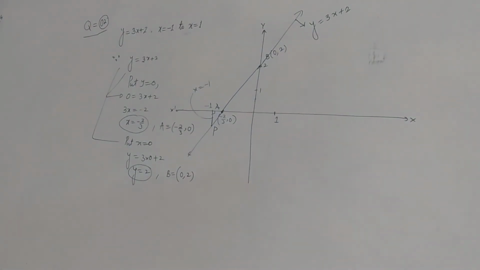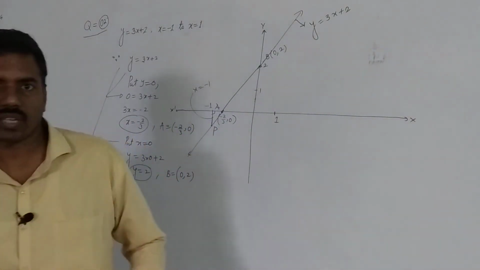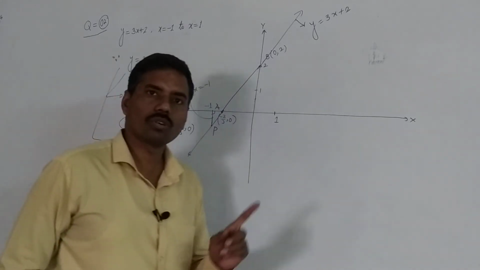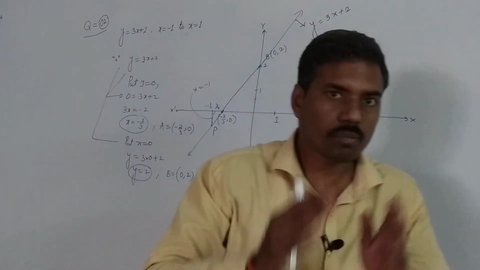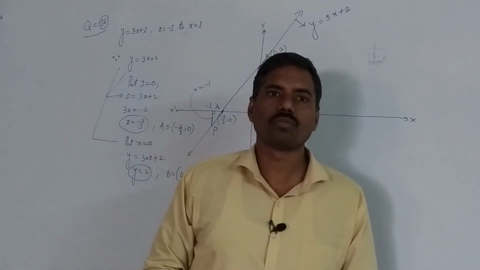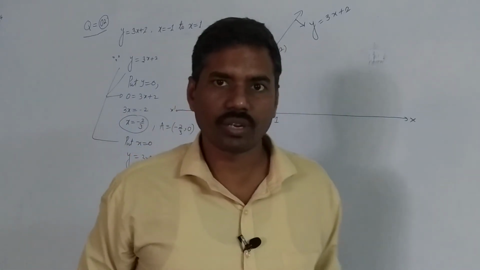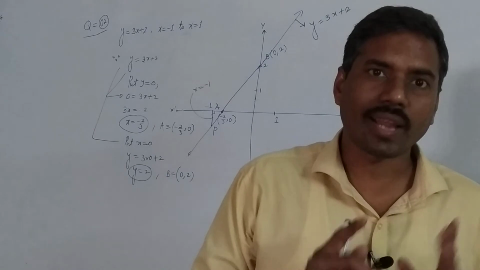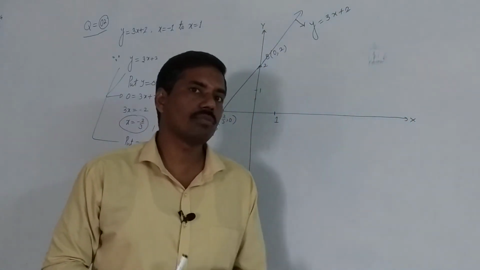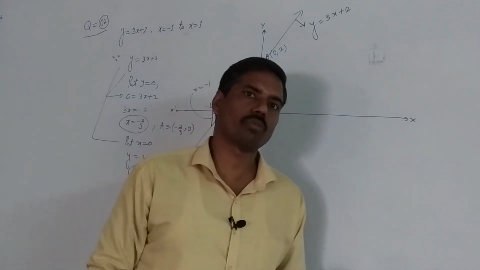The second way: since x is equal to minus 1 is the equation of a line which is parallel to the y axis, we know that x is equal to minus 1 is a line parallel to the y axis at a distance of 1 unit to the left side of the y axis.